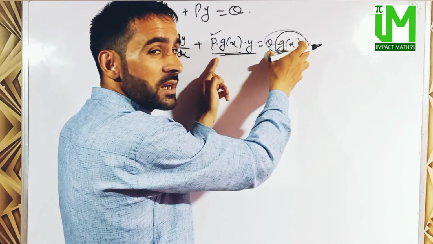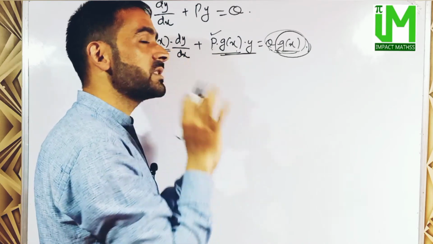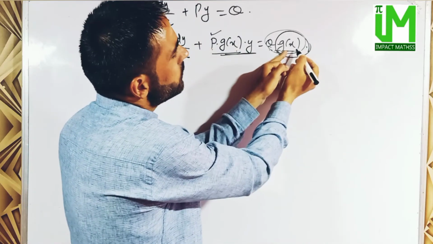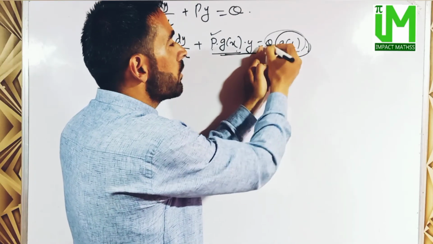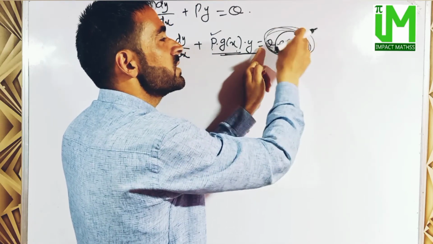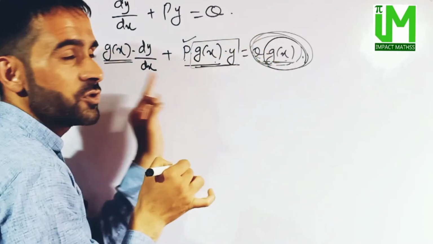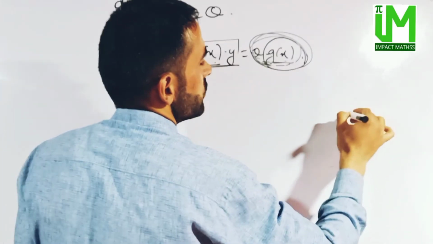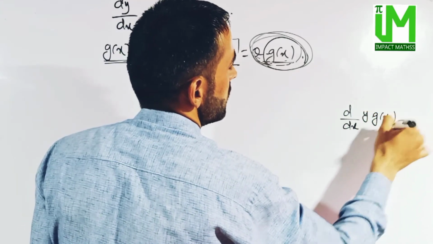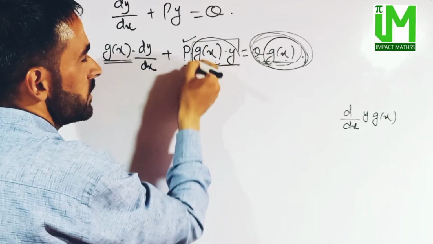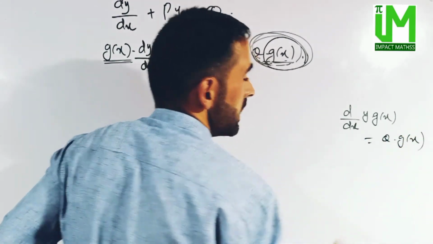So this right hand side has to be, this g of x has to be selected in such a way, ये g of x हमें ऐसे function select करनी है such that जब हम g of x को multiply करें q से, so ये overall function जो होनी चाहिए, ये function derivative होना चाहिए किस function का, y into g of x. So that means कि d by dx of y into g of x, इस चीज़ का जो derivative है वो होना चाहिए, that should be equal to q into g of x.